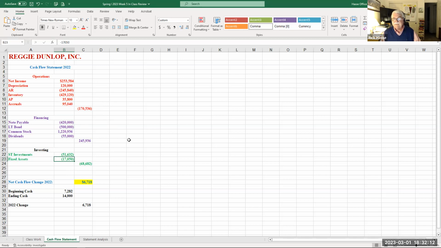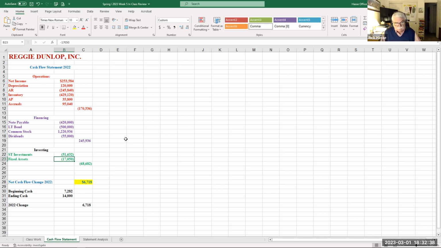All this statement tells the reader, both externally and internally, being the managers of the company, externally meaning investors, bankers, prospective investors, about how the company has changed in regards to cash management over the prior 1 year. This is very important.